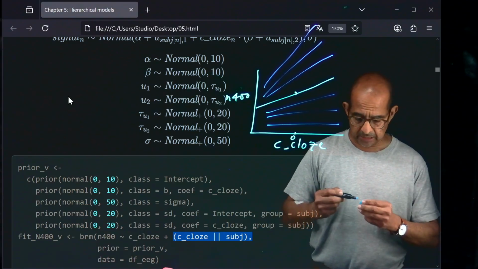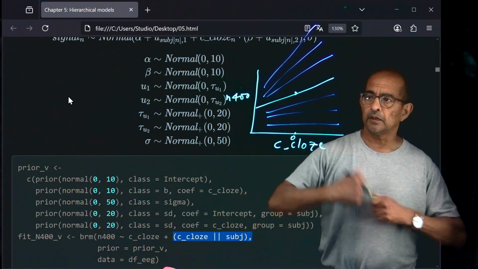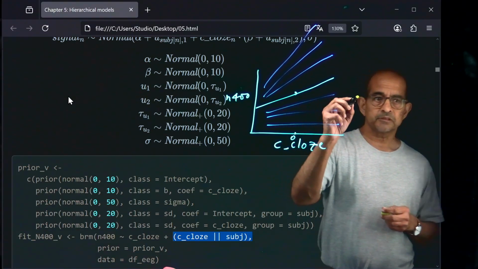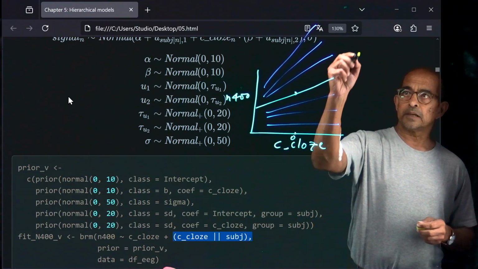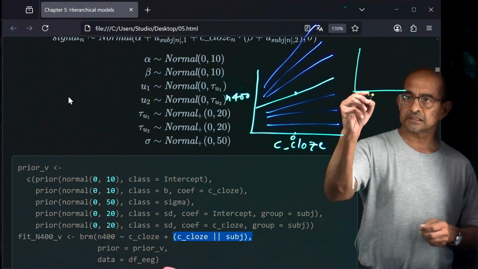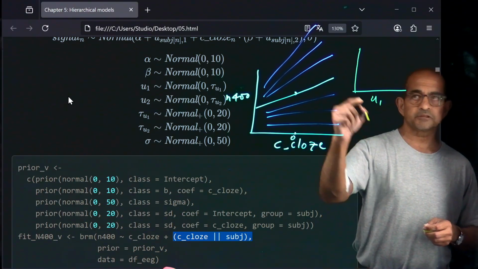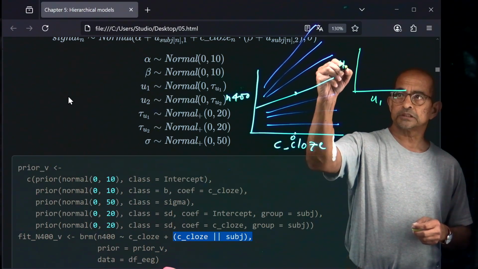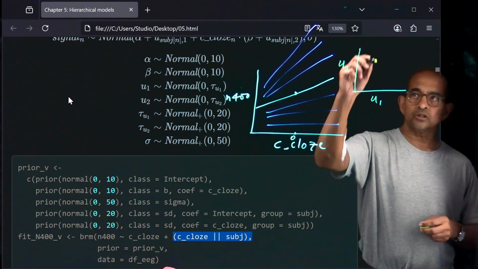But in this model, I'm also assuming that the intercept and slope adjustments, which we could represent as another plot here. Here are the U1 adjustments, the intercept adjustments. Here are the slope adjustments for each of the subjects. We are assuming that these are uncorrelated.